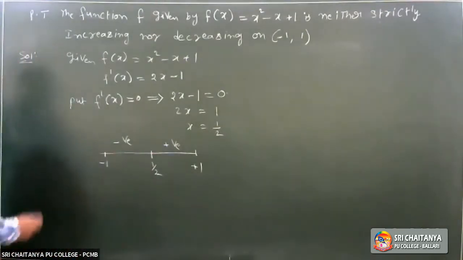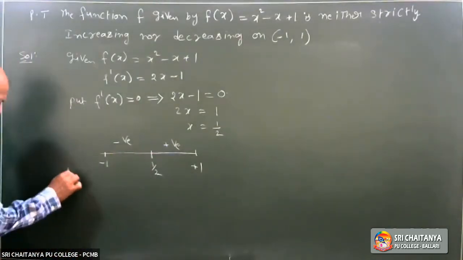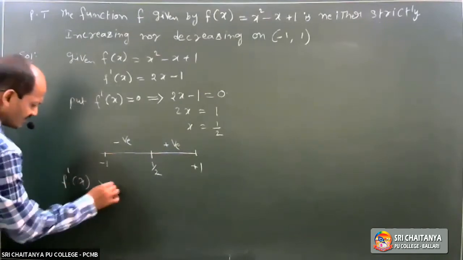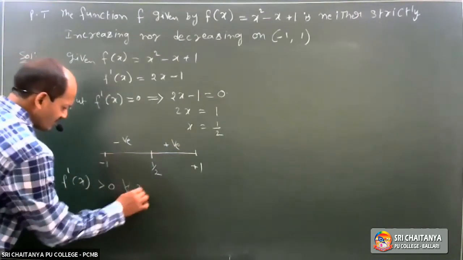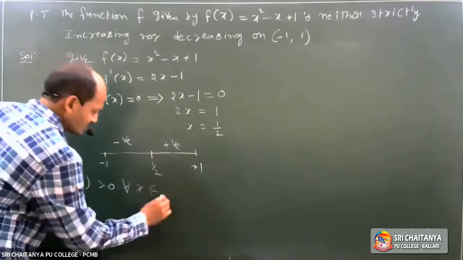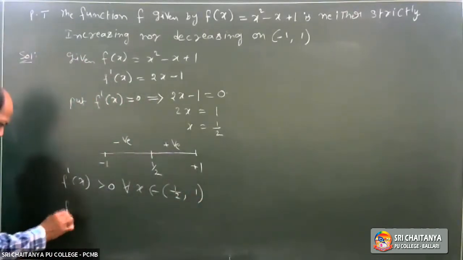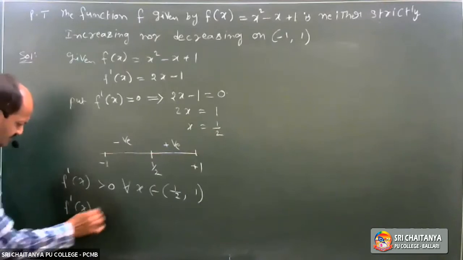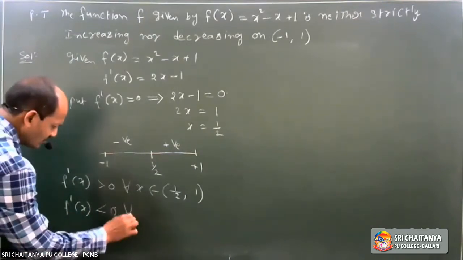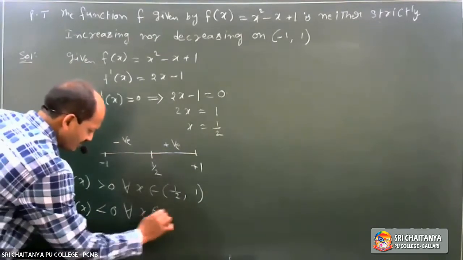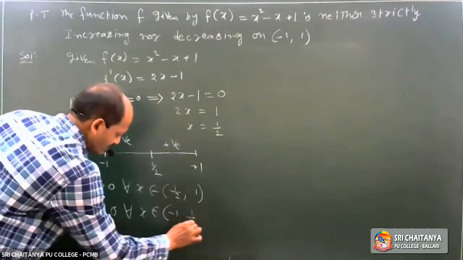So f dash of x is greater than 0 for all x belongs to 1 by 2 to 1, and f dash of x is less than 0 for all x belongs to minus 1 comma 1 by 2.